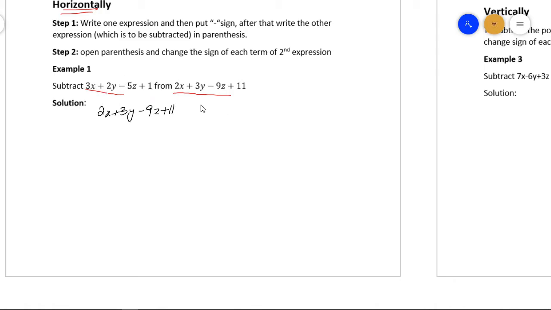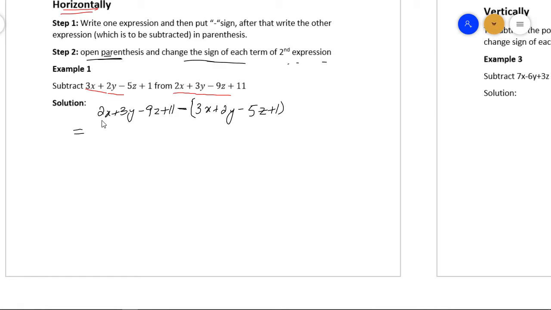So put the negative sign and write the expression which is to be subtracted in parentheses: 3x plus 2y minus 5z plus 1. Now what do we have to do? Open the parentheses, take them off, and change the sign of each term of the second expression.